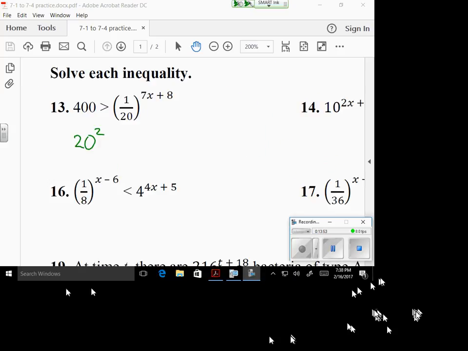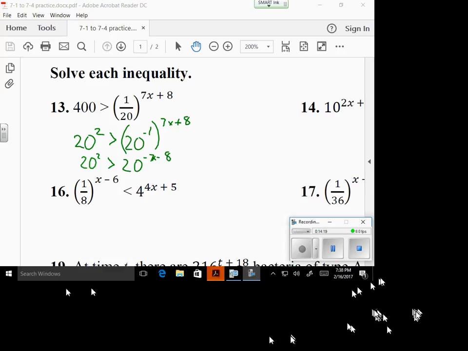Number 13, 400 is the same as 20 squared. 1 over 20 is the same as 20 to the negative 1 power. So then that would leave us with 20 squared being greater than 20 to the negative 7x minus 8.